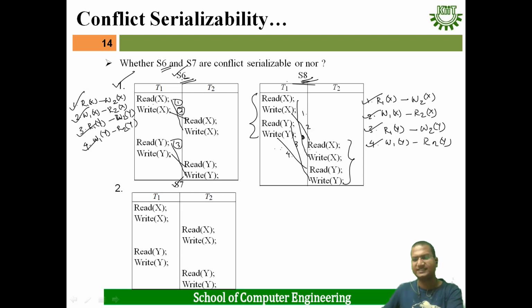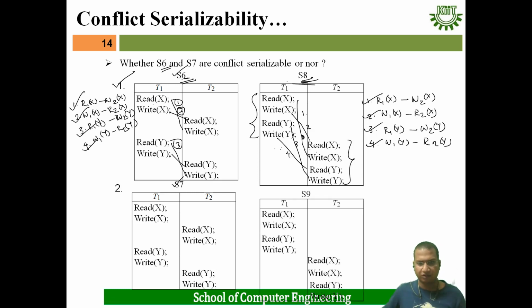Now we'll check whether S7 is a conflict serializable schedule or not. To check this, first we have to draw one of its serial schedules. If it is conflict equivalent to its serial schedule, then we can say that S7 is also a conflict serializable schedule. This is the corresponding serial schedule of S7.